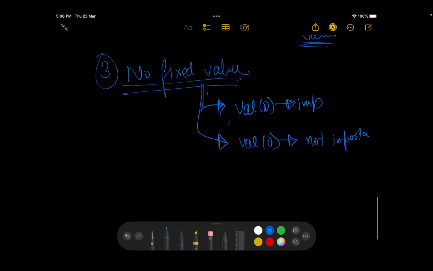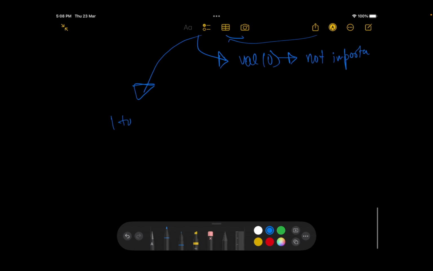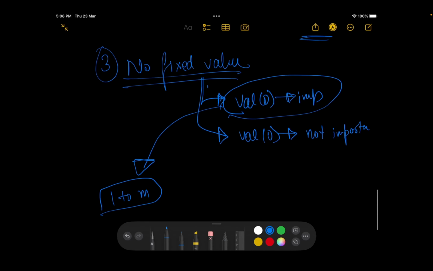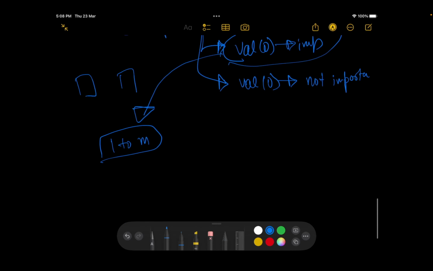In the value 0 which are important, you need to put any value from 1 to m, but it should be the same. It cannot be the case that there are two important slots, meaning they give values to some other locations, and in one of them you keep 1 and in the other you keep 2. It cannot be the case. If you're keeping 2, you have to keep 2 in both of them. If you're keeping 1, you have to keep 1 in both of them, or whatever value x you're keeping, that needs to be in both of them.